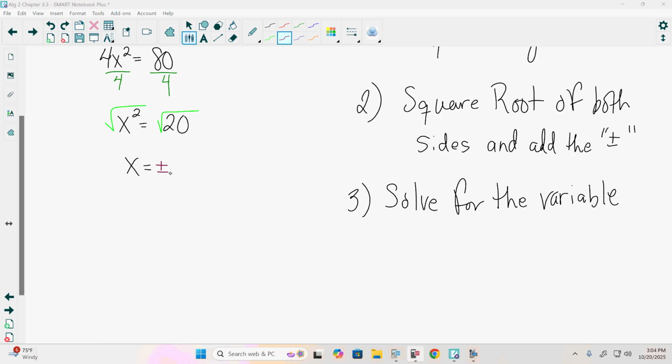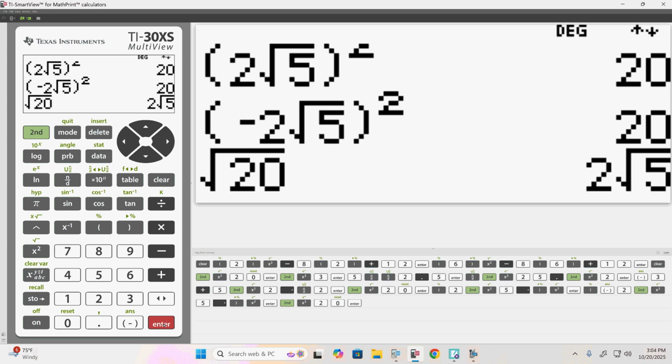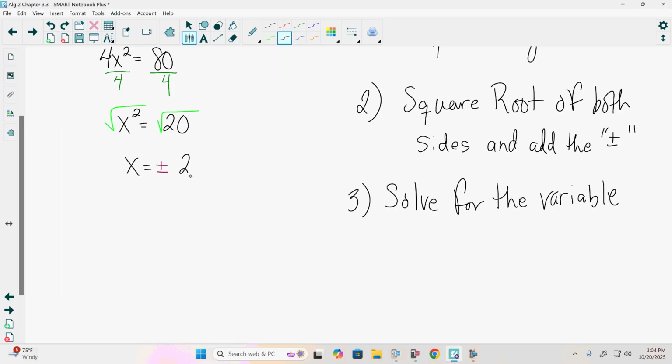Most likely what you're going to do is grab the TI-30X, type in square root of 20 and see if it reduces. Now the graphing calculator will only give you the decimal approximation. It will not give you the simplified radical version. So it's going to be a little bit nicer to use the TI-30X because it'll tell us that it is 2 square roots of 5.